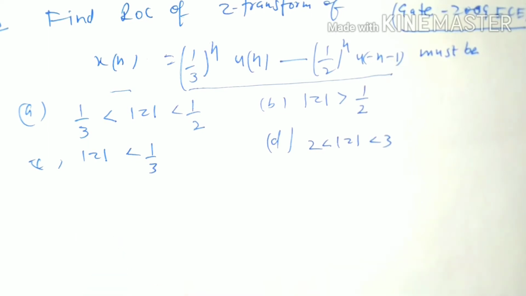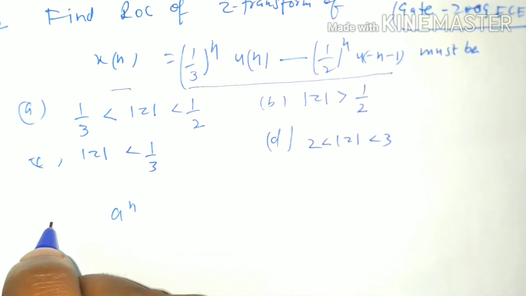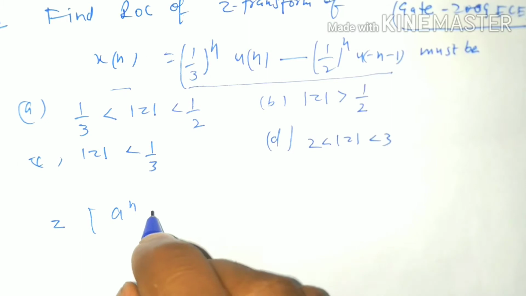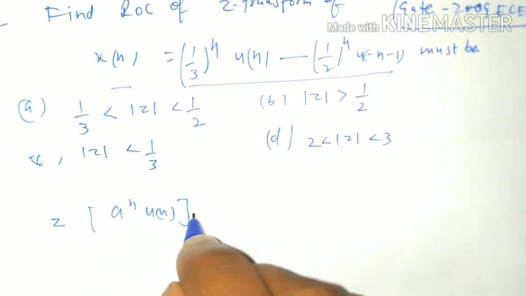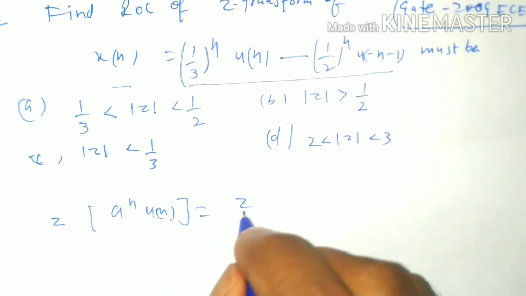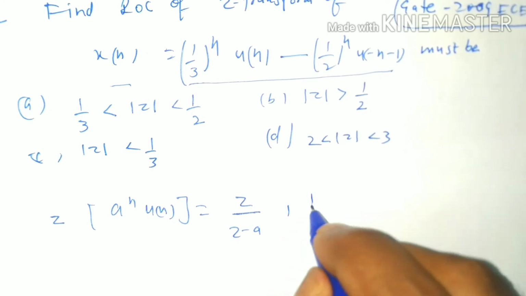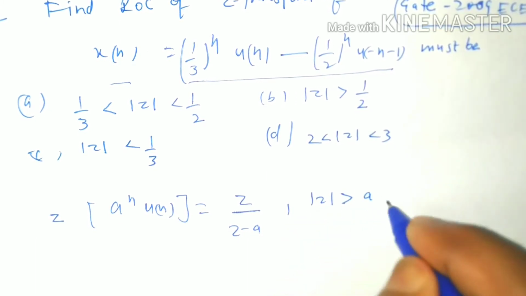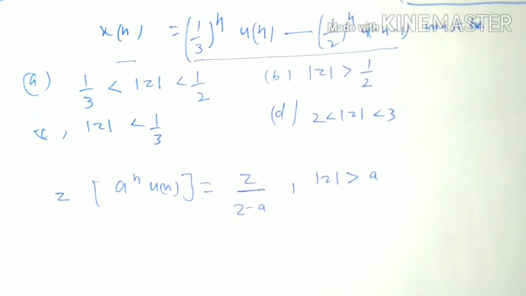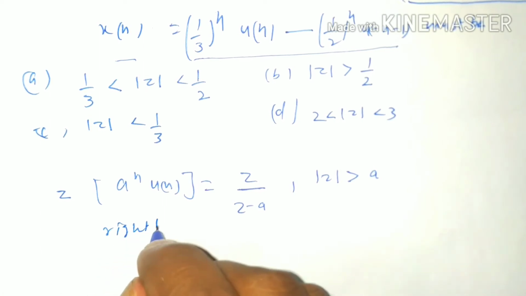As I discussed in lecture 1 of Z transform, the Z transform of a to the power n u[n] will be Z by Z minus a and its ROC will be modulus of Z greater than a, and this one is a right handed sequence.